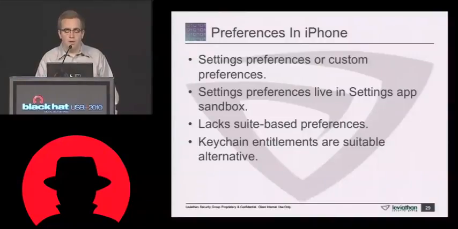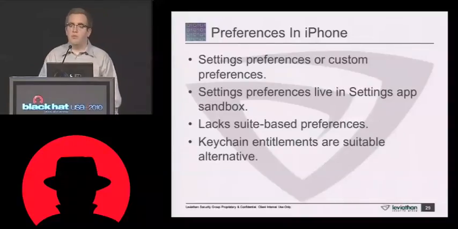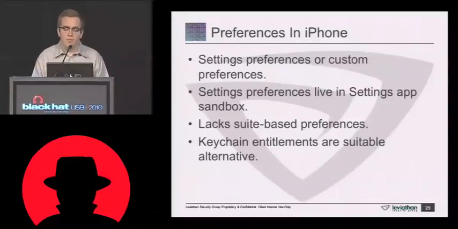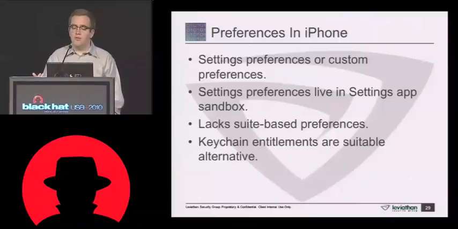Mac OS X developers who are used to being able to share preferences between applications are used to being able to define suite-based preferences in a separate storage area where all of those applications can read and write from. Because of the sandbox nature of the iPhone, suite-based preferences just aren't supported. But as a suitable alternative, the keychain mechanism works quite well.